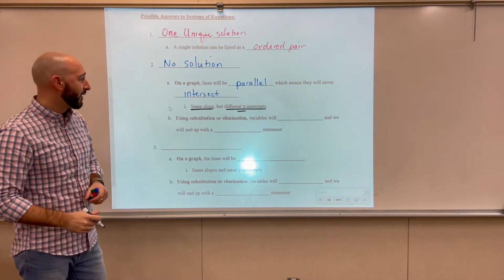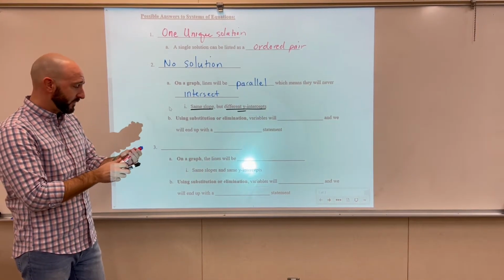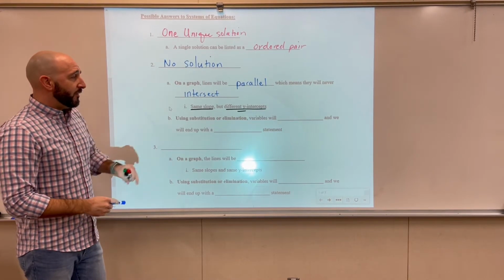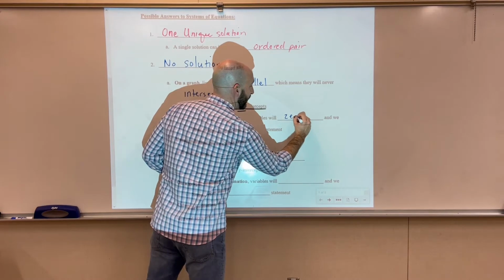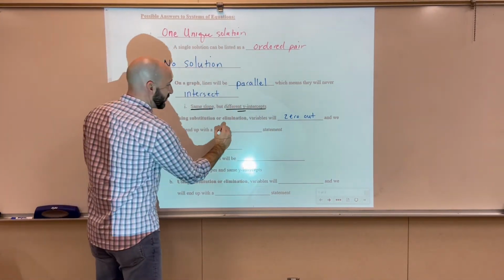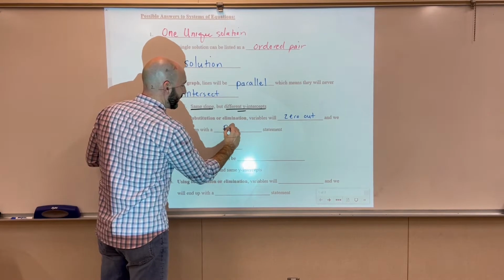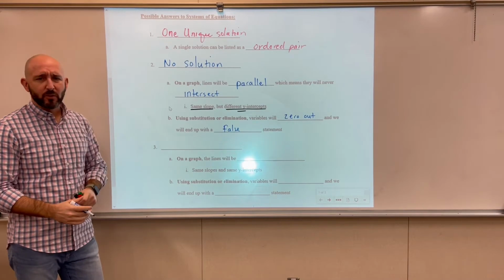So that's going to make them parallel. Now, when we're solving algebraically, the variables will zero out, and we're going to end up with a false statement. And again, I'm going to illustrate this for you later on.